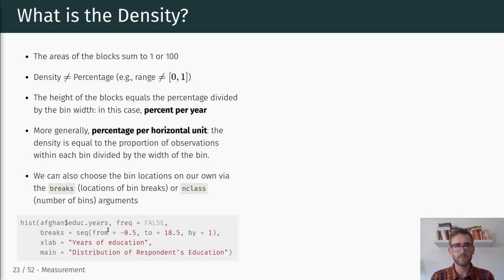So for example, what we're going to look at here is now education years in our survey, and we're going to set up the bins, the breaks, such that they're ranging from minus 0.5 to 18.5 by 1, so that we basically have densities for each individual year of education, right?